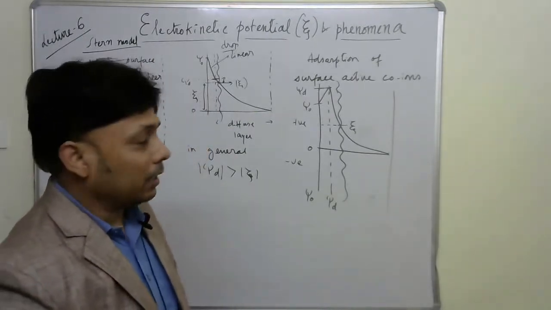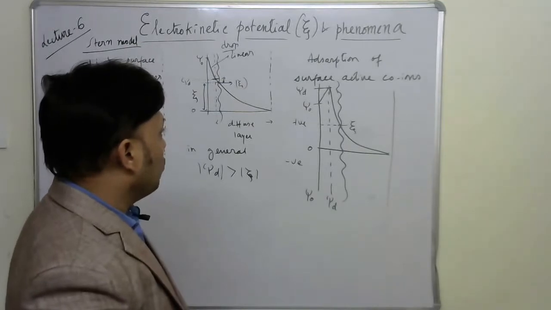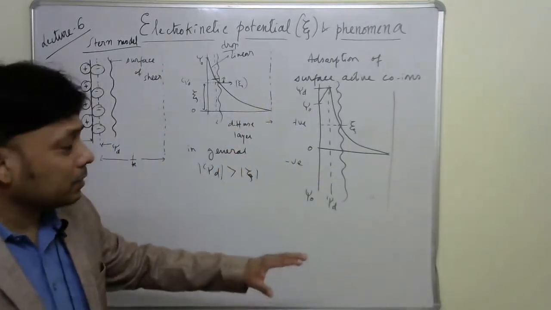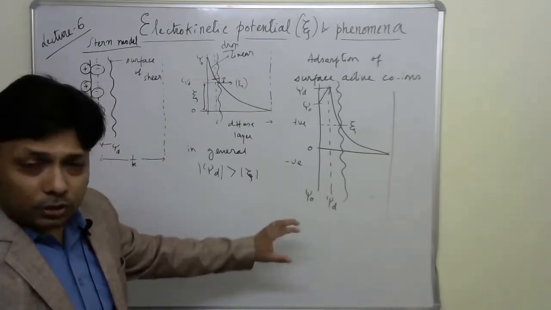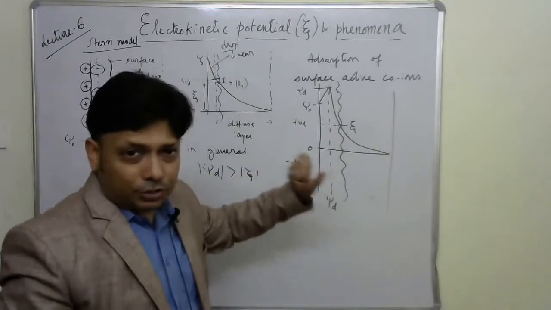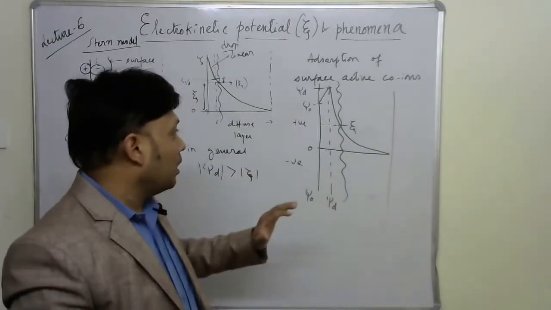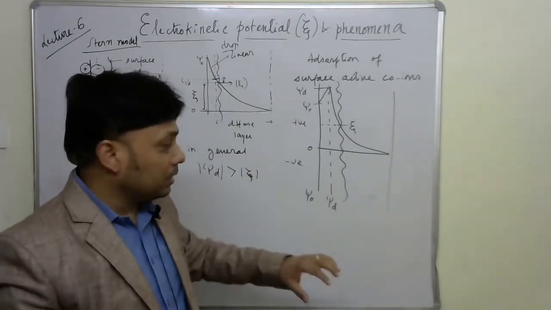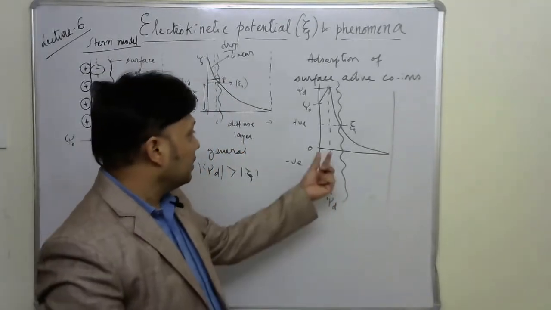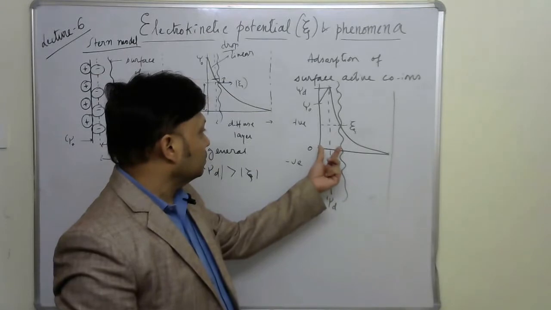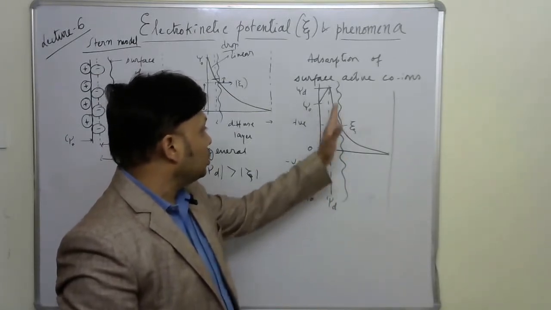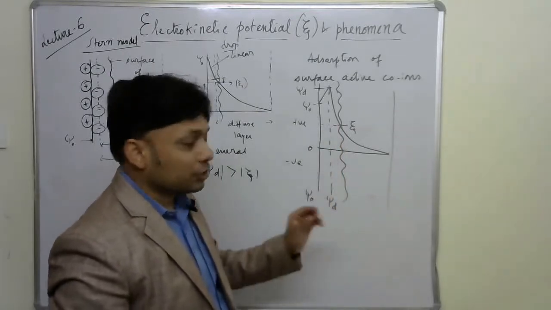Okay, so with this kind of drawings, up to now, perhaps you can realize or even understand that the difference between psi d and zeta depends on a few things. First, the thickness of this diffuse layer. Secondly, the distance between this slipping plane and the Stern layer.